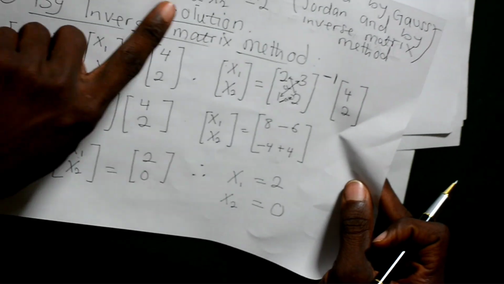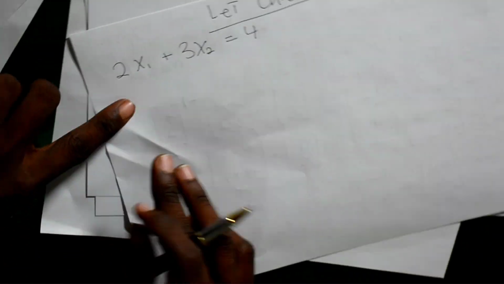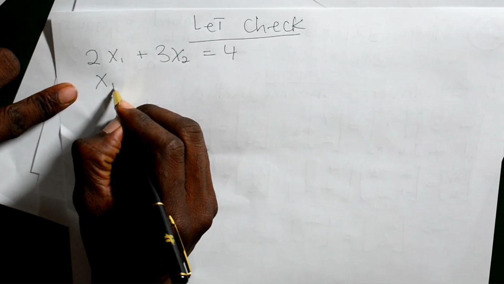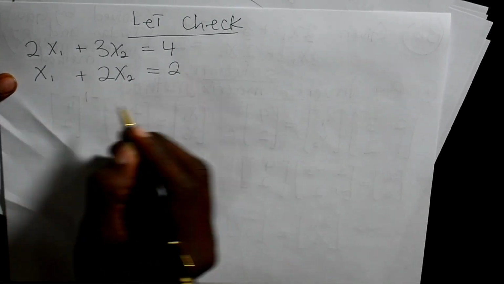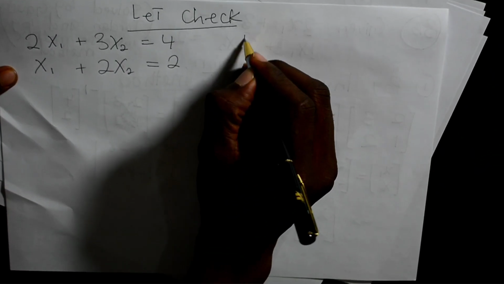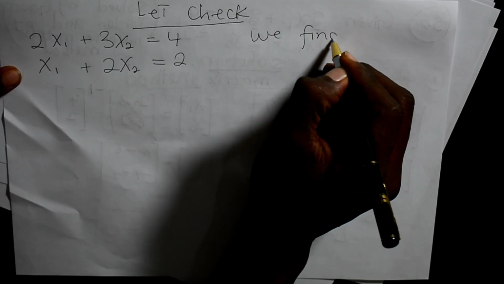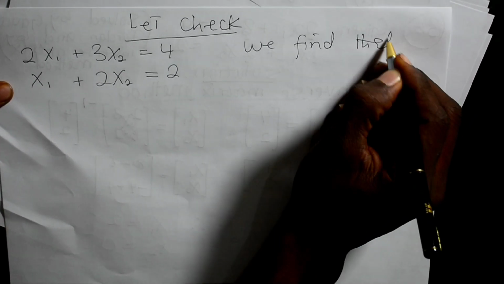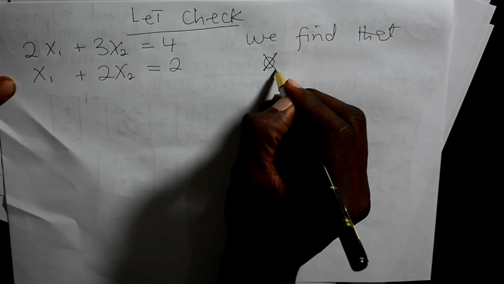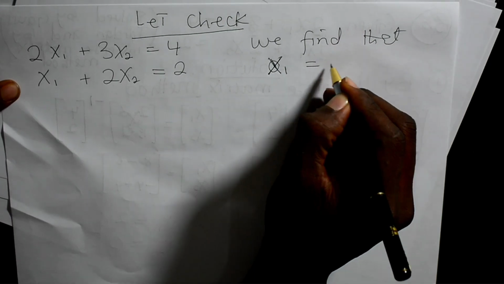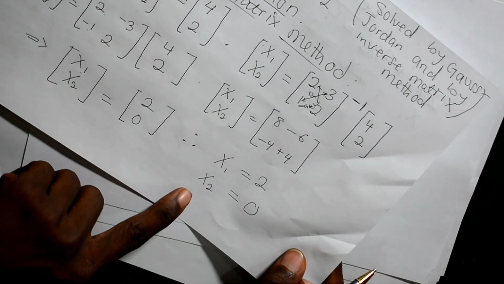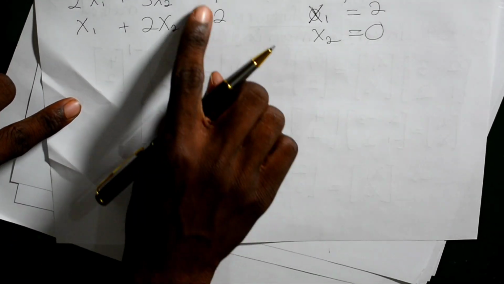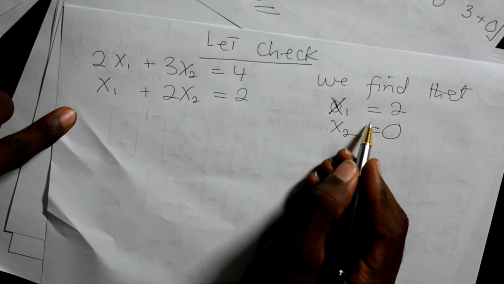And the second equation given is x1 plus 2x2 is equal to 2. So we have found that in our calculations, x1 is equal to 2 and x2 is equal to 0. So now we are going to substitute these values in these equations.